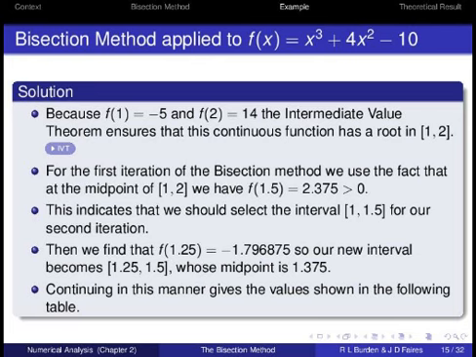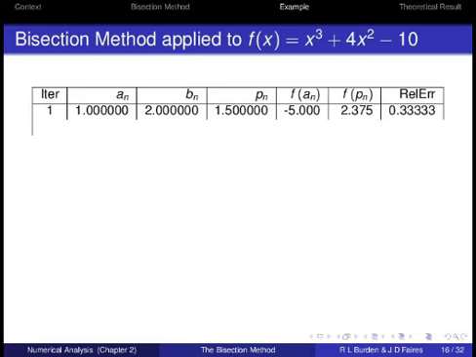In this manner continue all the iterations, and the midpoint is determined again and again, and it replaces a or b depending upon the opposite sign condition. Instead of writing this step by step, we just make a table. In the first column we represent the number of iterations 1, 2, 3, the second column is A, the third column is B, and the fourth column is P, which is the midpoint.